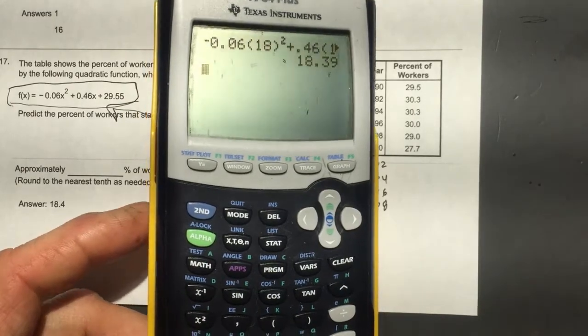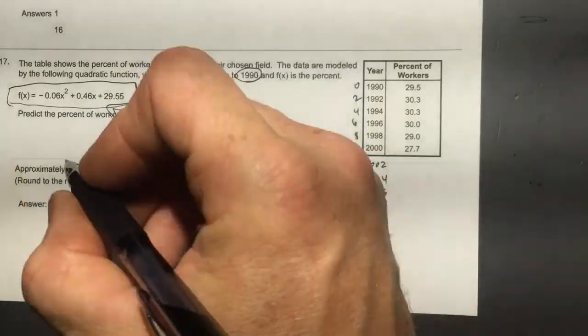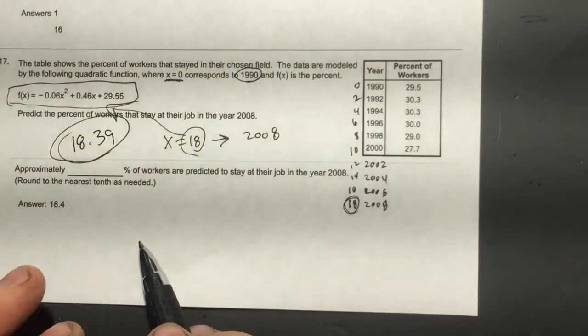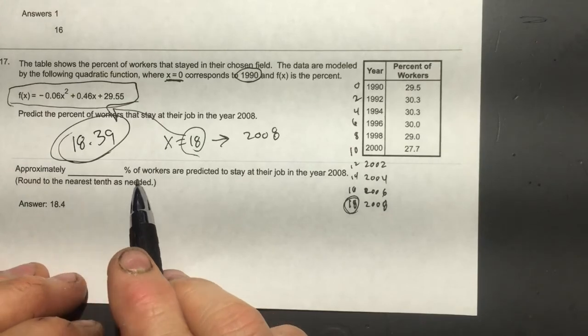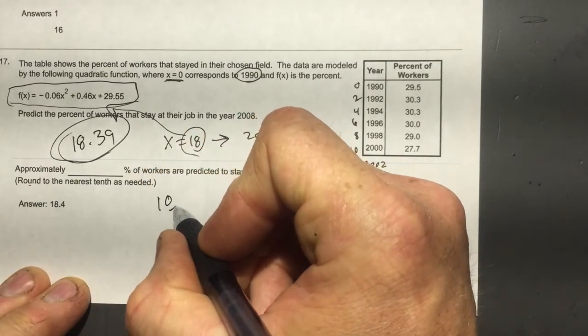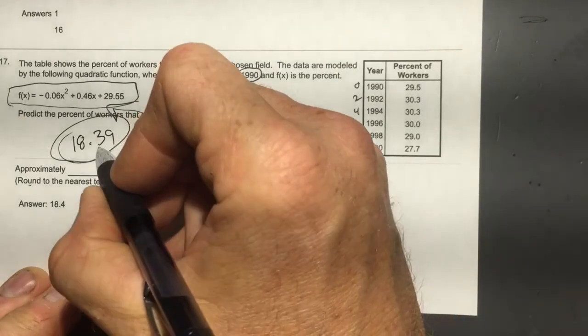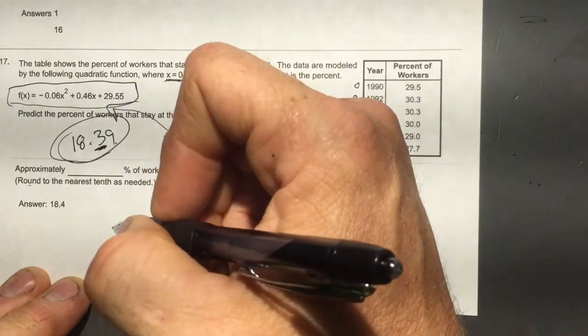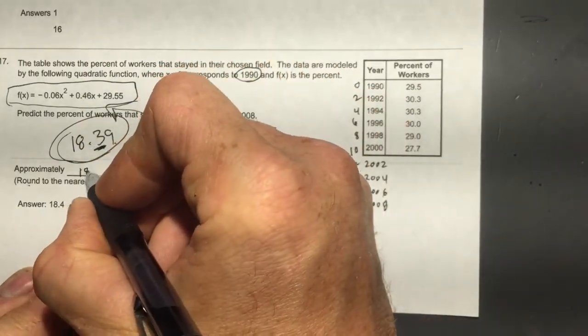And I get 18.39. That's the answer I get. All right, so 18.39%. Now look here, it says round to the nearest tenth. All right, now 10, remember 10 has 1 0, so this is 1 decimal place. So I just want this place. Does the 9 make the 3 go up or stay? Well, it goes up. That'd be 18.4.